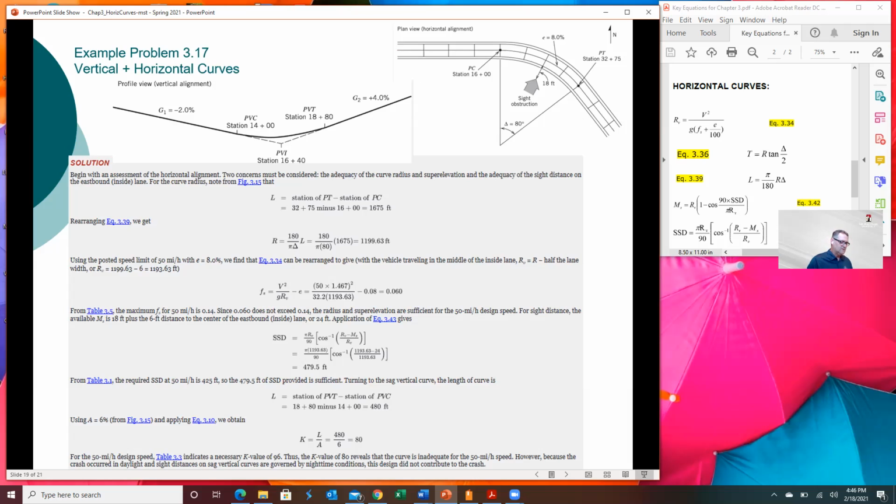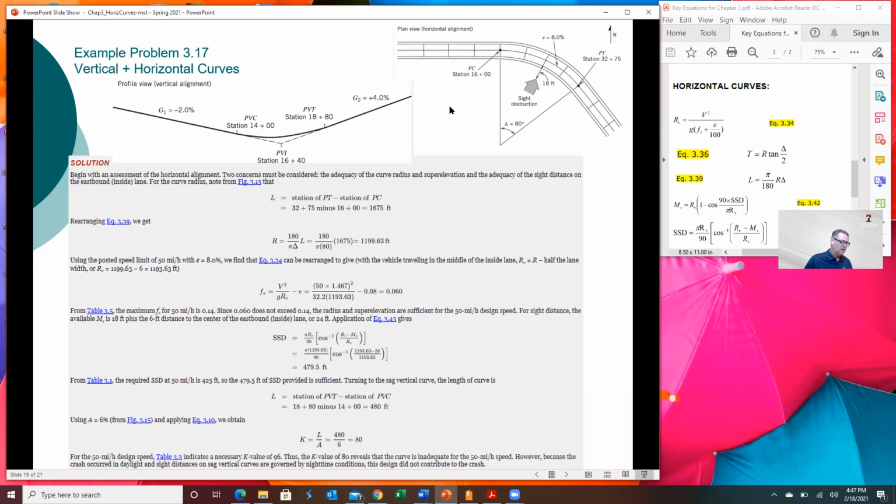So anyway, the description is, you can go to example 317 in your book, a two-lane highway with two 12-foot lanes, which is what they represent up here on the horizontal figure, has a posted speed limit of 50 miles per hour. On one section, it has both horizontal and vertical curves as shown in these two figures.